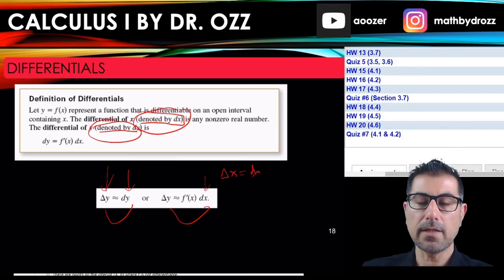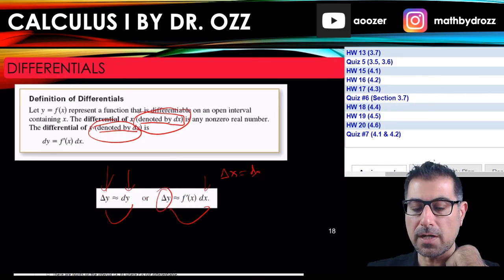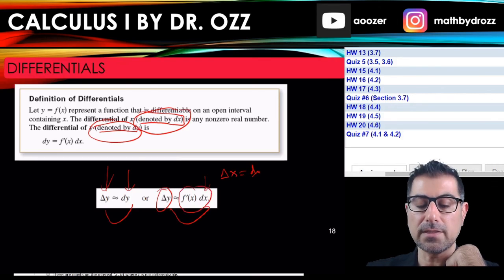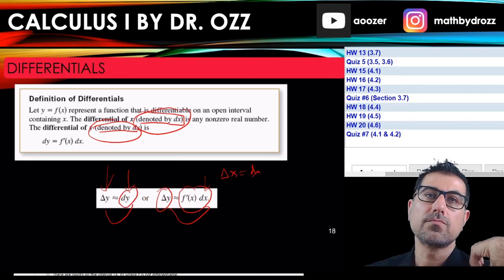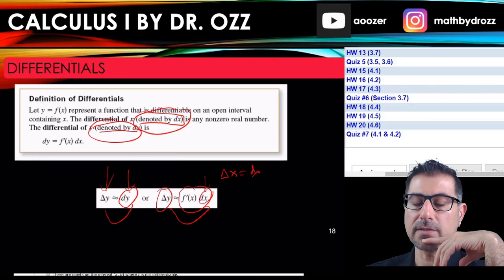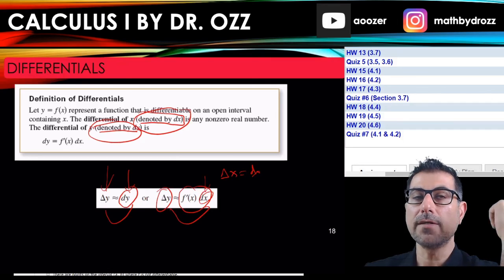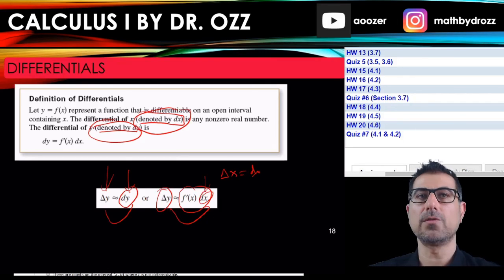And the actual rise of the function is approximated by f prime of x dx. In other words, the actual rise is approximated by dy, an infinitesimally small rise in comparison to an infinitesimally small run.